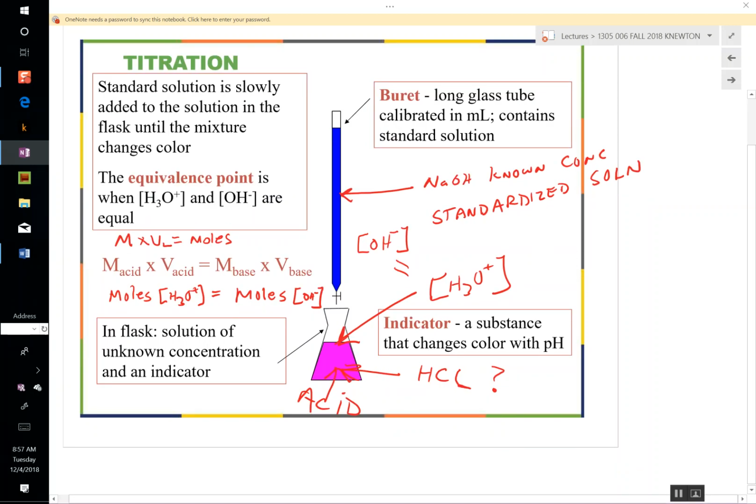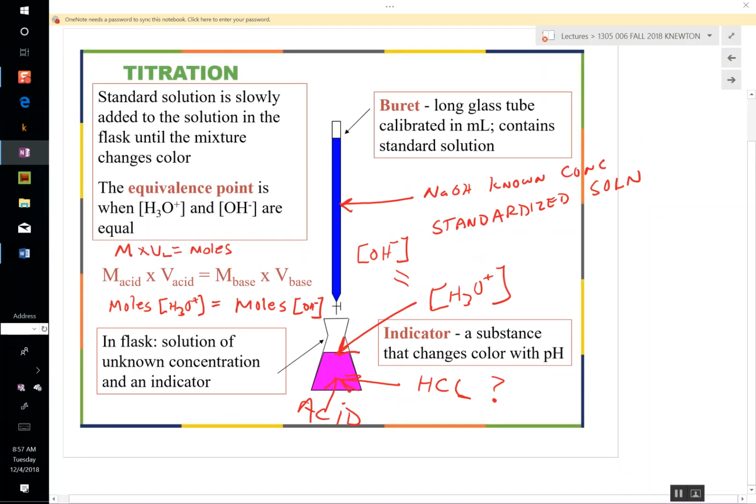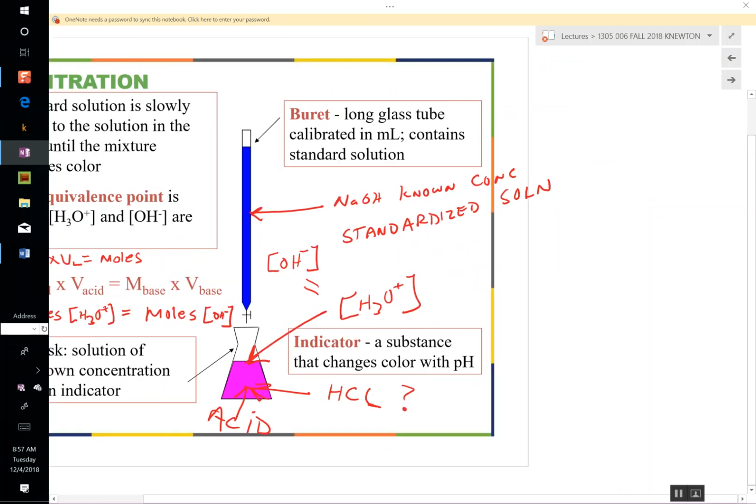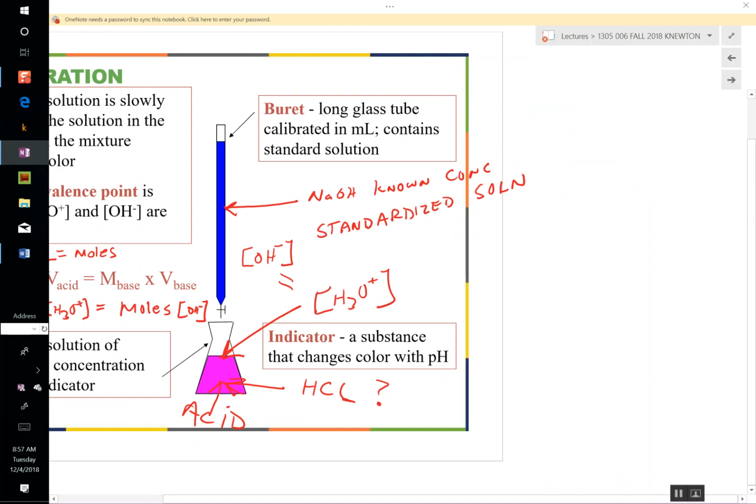So how does that help you? Well, the way you start this titration right here is you put a known volume of acid in the flask.